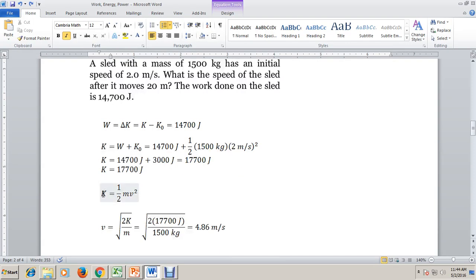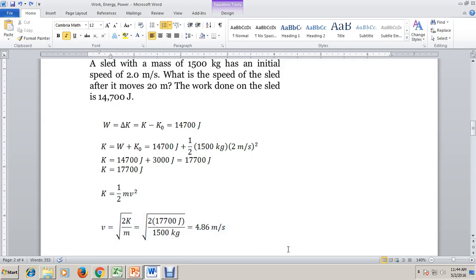Now, from our formula for the kinetic energy, if this is final, that is given as 1/2 m final velocity squared. We solve now for the final velocity. You cross multiply 2 to the side of K, so that becomes 2K. You divide both sides by m, so that becomes 2K over m. Then you get the square root to extract your v, so that becomes the square root of 2K over m.